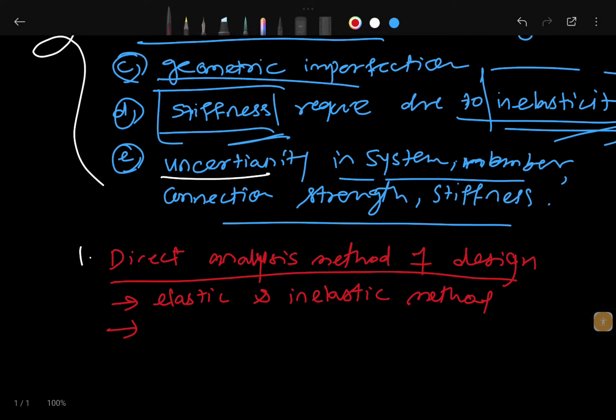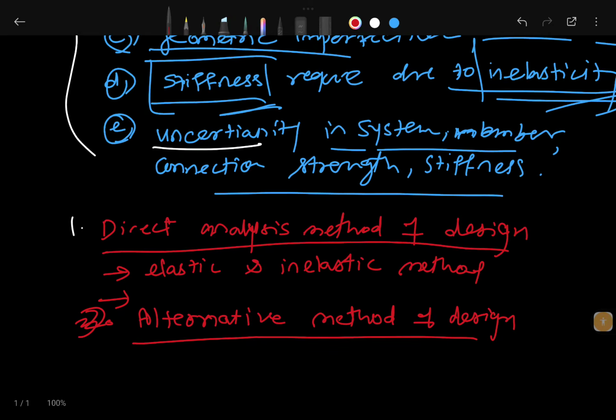Then the second method, the alternative method of design.